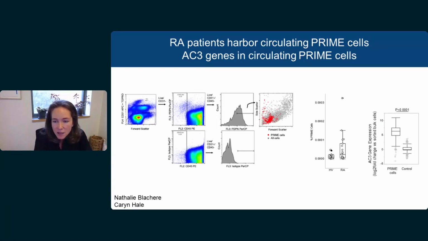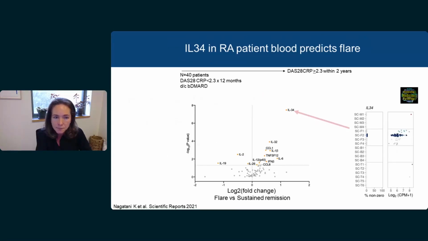And though they are very rare, they're more common in patients with rheumatoid arthritis. And when we sorted them and sequenced them, they were expressing the same genes that were increased in the blood just prior to rheumatoid arthritis flare. And another group made a similar observation.